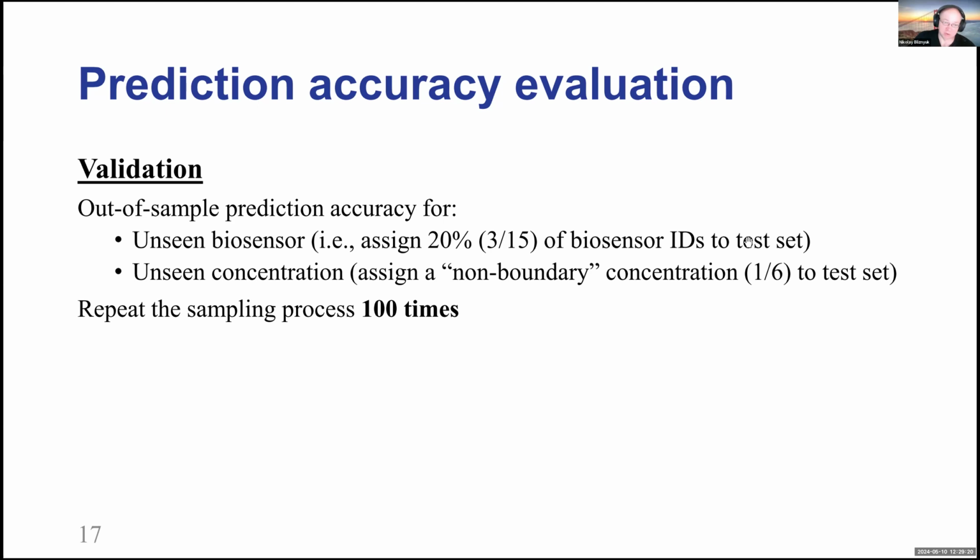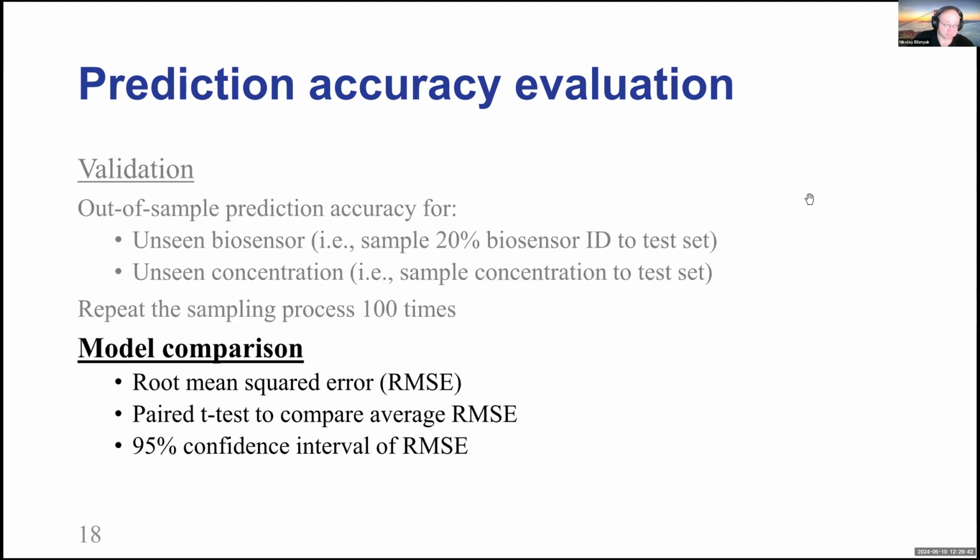Say we take all the curves that correspond to log concentration equal to 1. Those all go to the test set, and they're not used in training. Then we use all remaining concentrations to train the model, and then we predict on this left out concentration. Each of these is done 100 times, by a random sample.